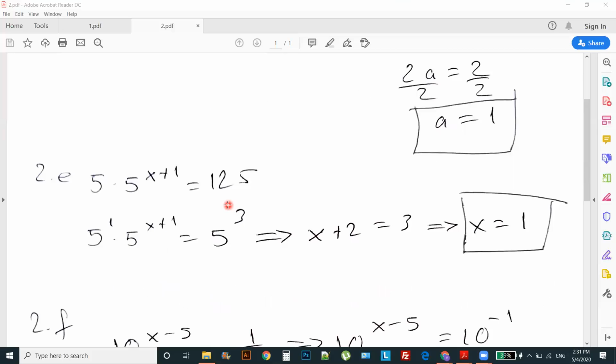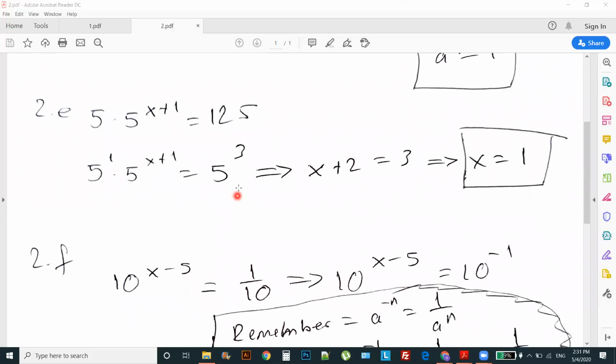Question 2e. 5 times 5 to the power of x plus 1 equals 125. 5 and 5. This 5 has no power here, but remember, guys, we said the first power of every number is the number itself. So you can say this is 5 to the power of 1.